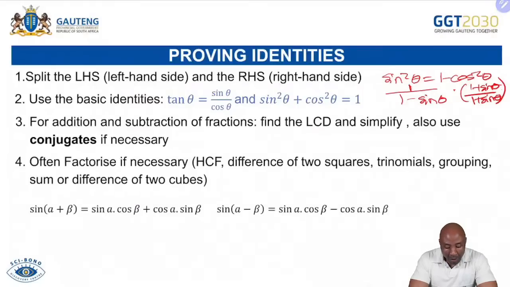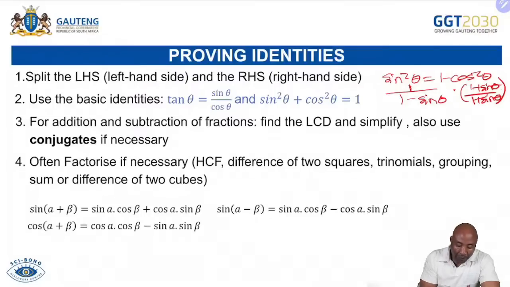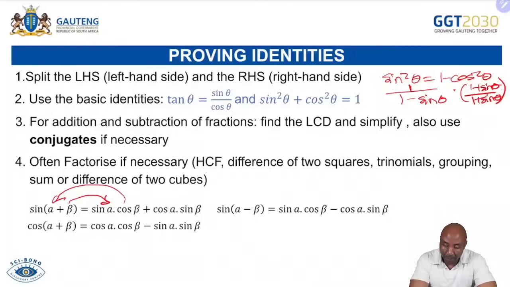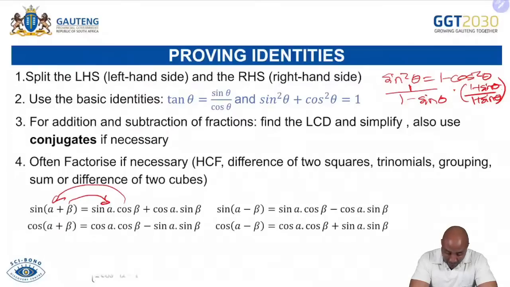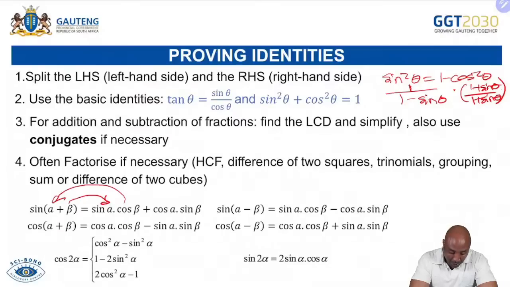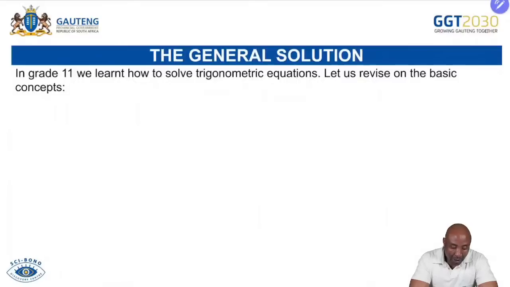Our compound angle identities, like I said, if it's expanded, you should be able to move from left to right as well as from right to left. We should be able to use those. Also we have our double angle identities, and we should be able to use them to simplify expressions.